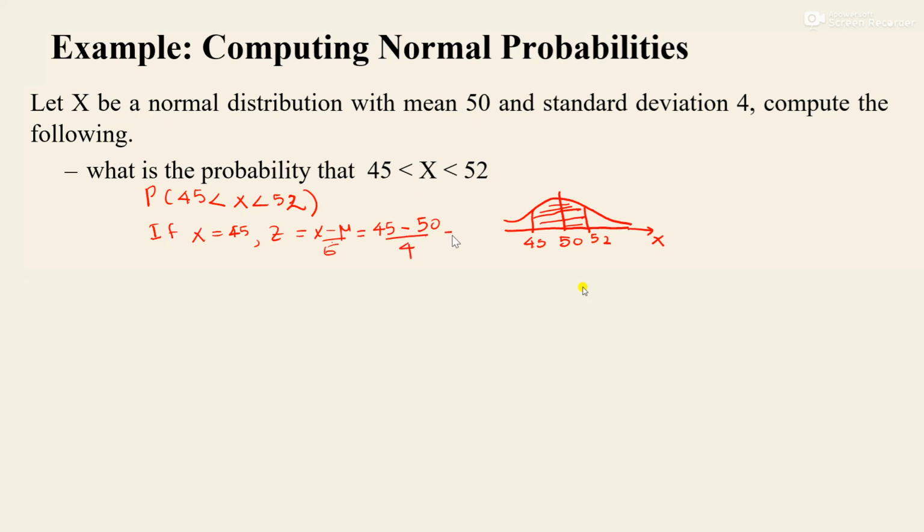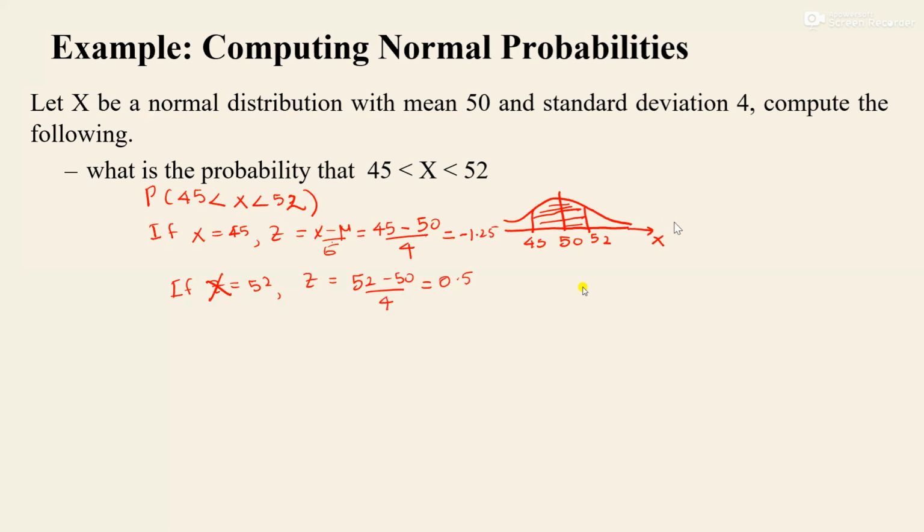So that is equal to minus 1.25. Right? Then if x equals 52, then z equals 52 minus 50 over 4, that is equal to 0.5.